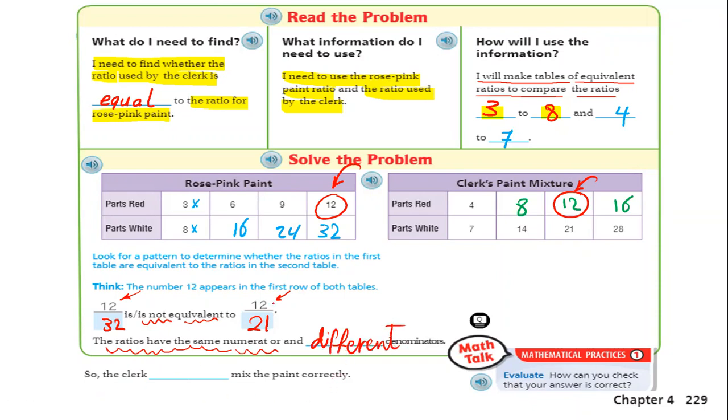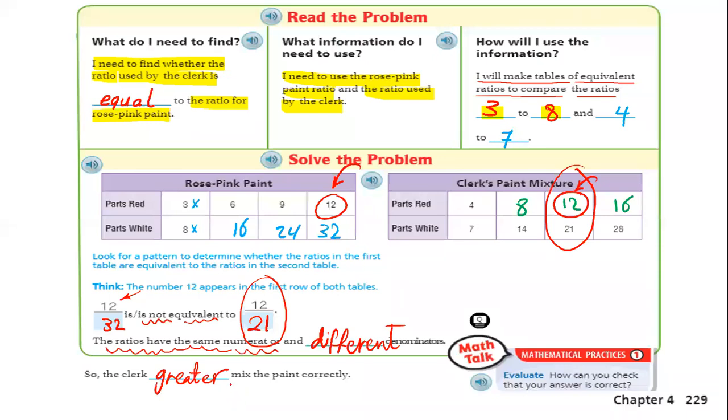So the clerk here for the paint mixture: is this greater or smaller? Greater. The clerk did not mix the paint correctly.